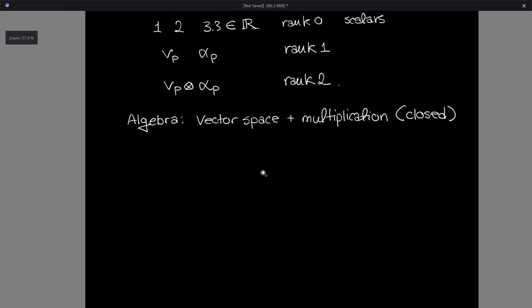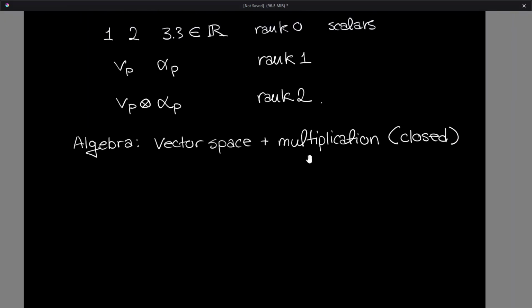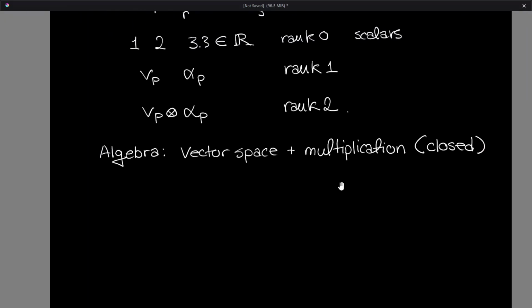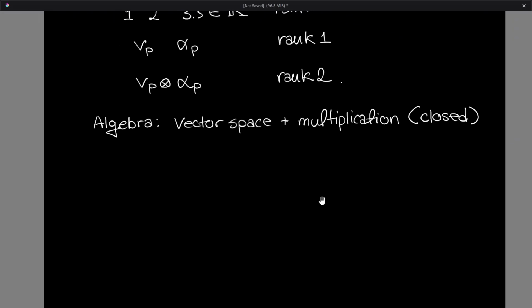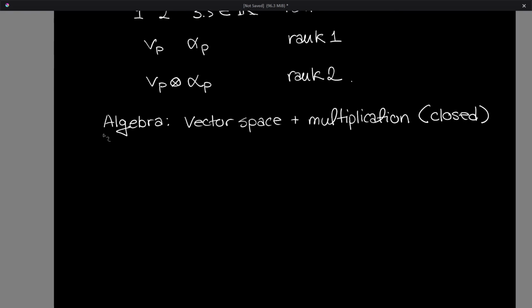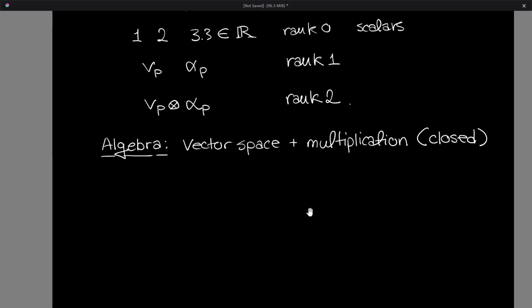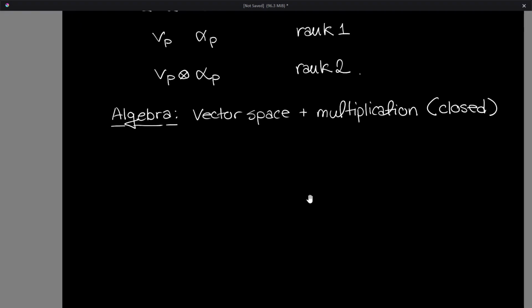So this is a multiplication of elements of the algebra, not just scalar multiplication, but multiplication of the vectors themselves. So that's what we call an algebra in this context. I thought I should clarify because algebra is kind of used in a few different senses in math. So this is the sense of algebra that we're going to be using.